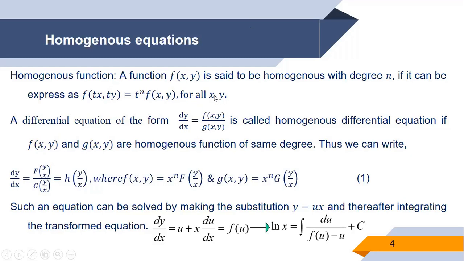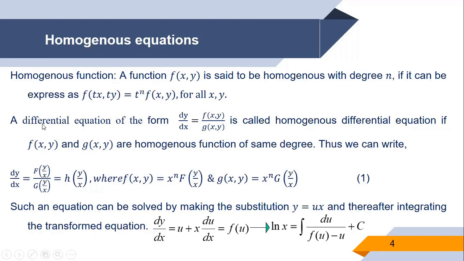So homogeneous function means any function f of x y can be expressed in this form. That means x is replaced with tx, y is replaced with ty, and then t is common, and the power of t is the degree of the homogeneous.